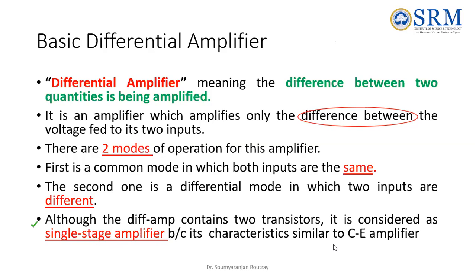Although we are using two transistors to design this differential amplifier, it is known as a single stage amplifier. Single stage means only one transistor will be there, like we previously discussed in our class. So we call it a single stage amplifier because the output or characteristics of this differential amplifier are the same as a common emitter amplifier. So next we will see.